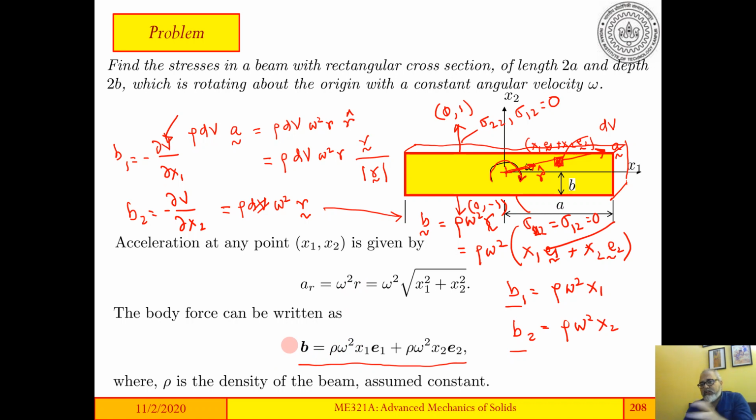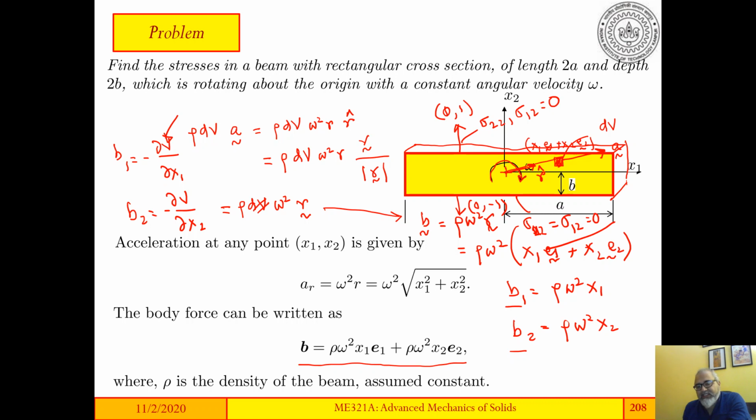So though this is a dynamic problem, where the beam is rotating at an angular velocity, I have converted it into a static problem, much like I do for a whirling stone or something that you did in your high school.